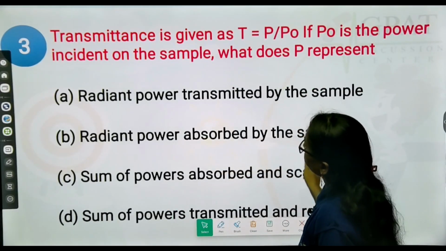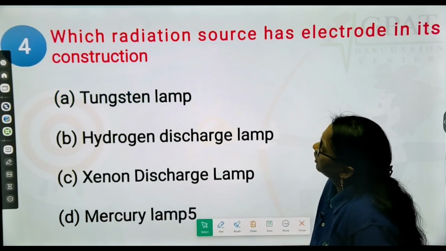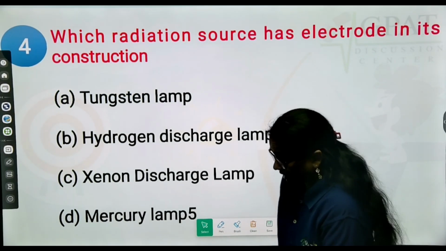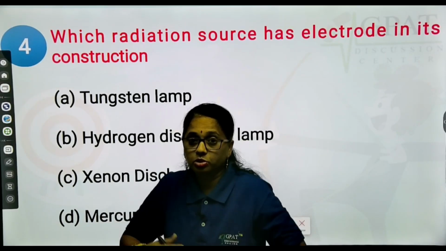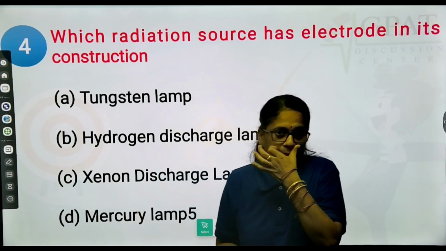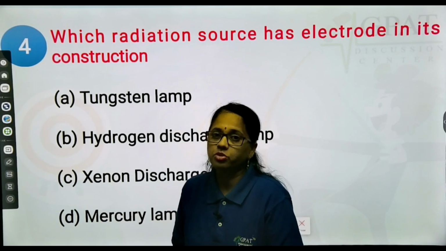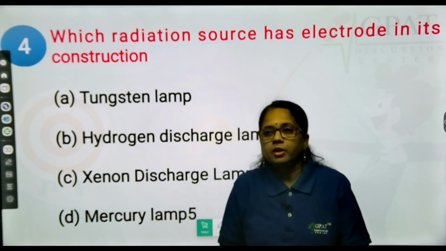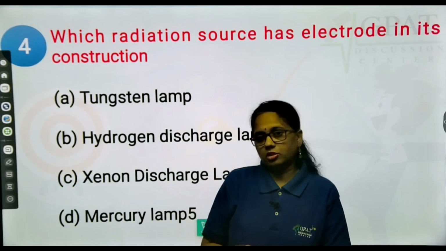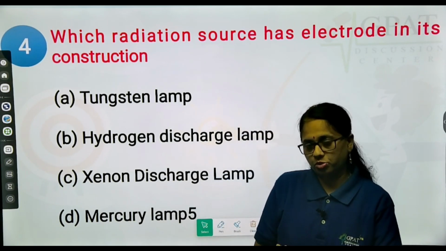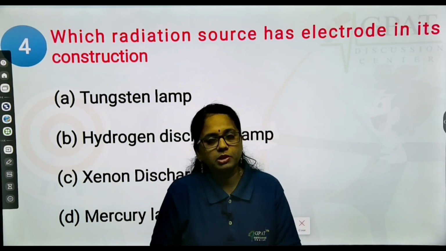Okay. Next, we will move to the fourth question. Which radiation source has an electrode in its construction? Different types of lamps are used in spectroscopy. For UV, deuterium lamp and mercury lamp are suitable. For fluorescence specifically we use a mercury lamp, and for visible, a tungsten lamp.